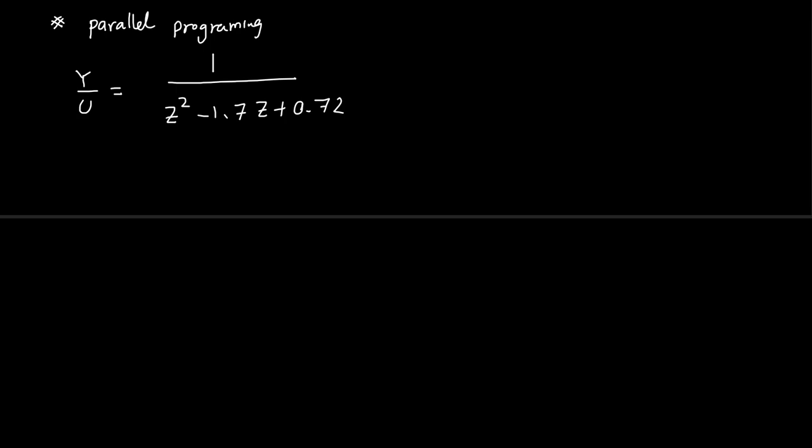So let's do it here for parallel programming, and here let's do it again for the direct programming. So in the parallel programming, we will use the partial fraction expansion.